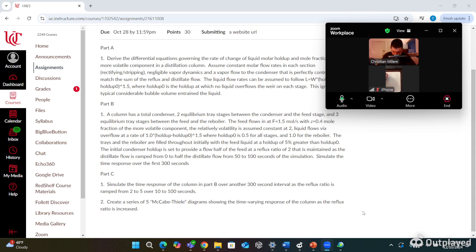So we have 2 rectifying stages, and 3 between the feed stage and the reboiler. 2, 3. So let's go ahead and number these. We'll do 0, 1, 2, 3, 4, 5, 6, 7.